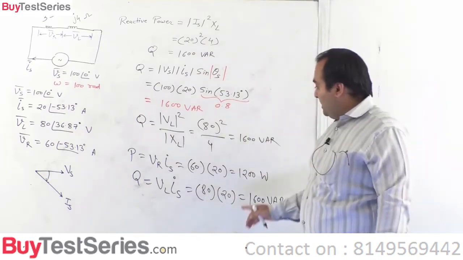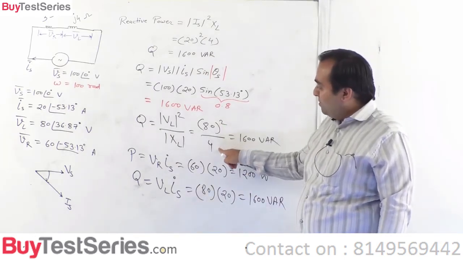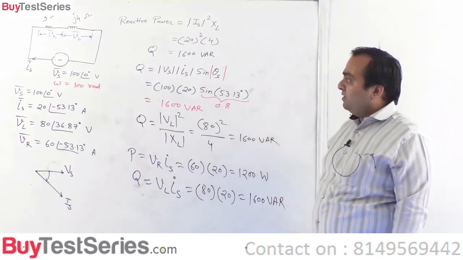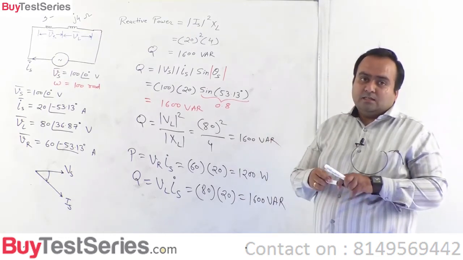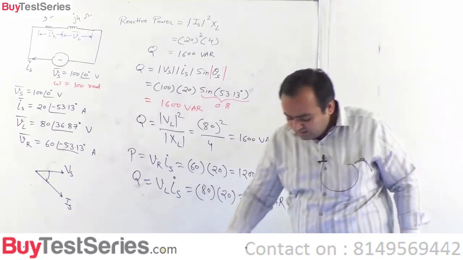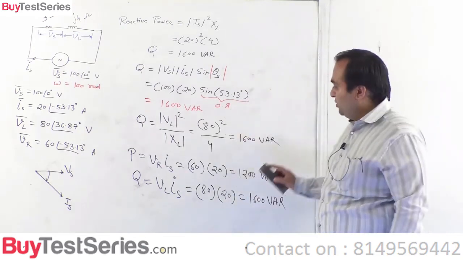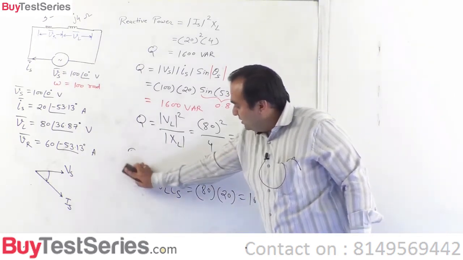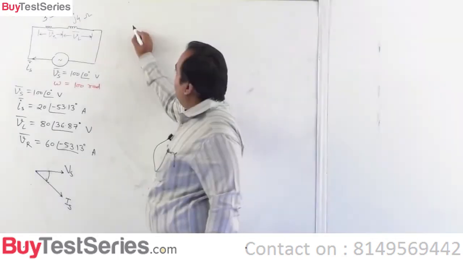Similarly, voltage across the inductance squared divided by XL is the reactive power absorbed by the inductor. Is this okay? There is one more way in which you can calculate this power, complex power.